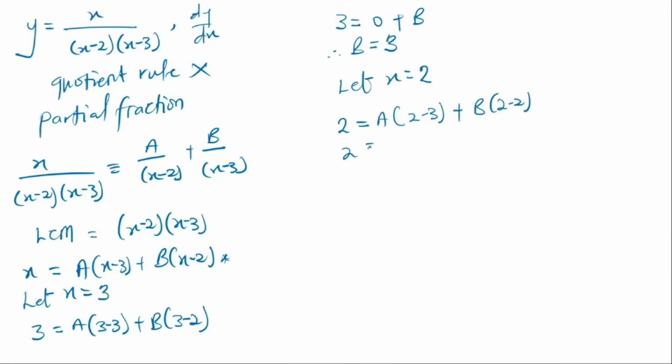So we have 2 is equal to 2 - 3, which is negative 1, multiplied by a, so we get negative a, plus 0b, which is still 0. So it means our a is equal to negative 2.